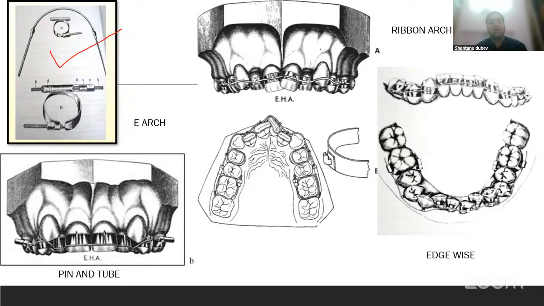Then came ribbon arch. This is again band. At that point of time, bonding was not discovered, so they used to band a lot. So this is ribbon arch, a further development. And finally, the last, which is the edgewise.